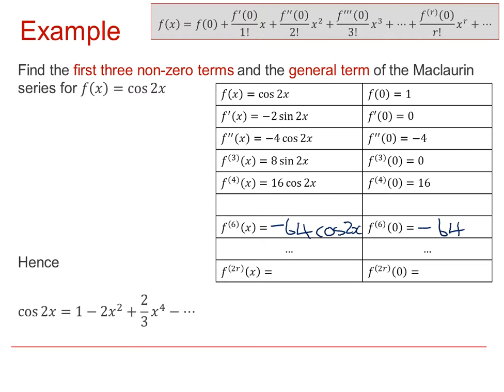We notice that in order to account for the positive or negative, we could look at minus 4 to the r cos 2x for the 2rth derivative, and that would then be a value of minus 4 to the r. Therefore, the rth term will be minus 4 to the r over 2r factorial x to the 2r.